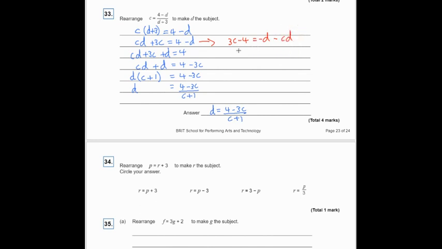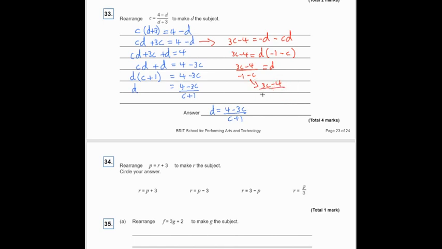Then I would have had 3C minus 4 equals D, open bracket, minus 1 minus C. Then dividing, I would have got 3C minus 4 over minus 1 minus C equals D. This is pretty much the same thing, just realizing that you'd have the top, which can be written as, well, let's leave it as 3C minus 4.